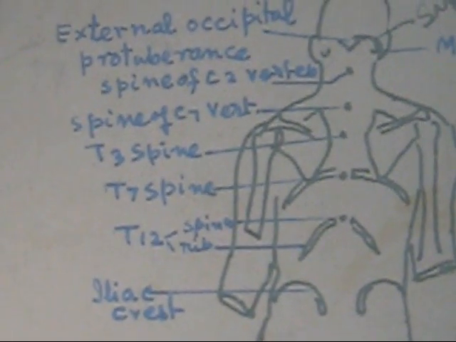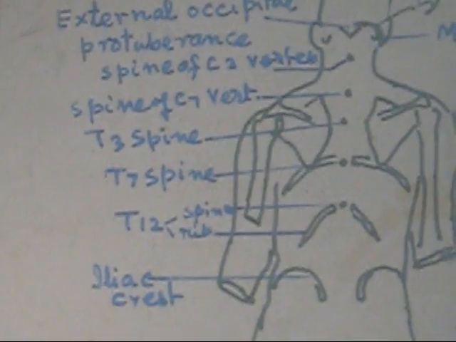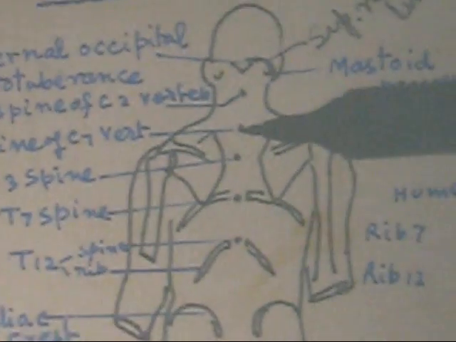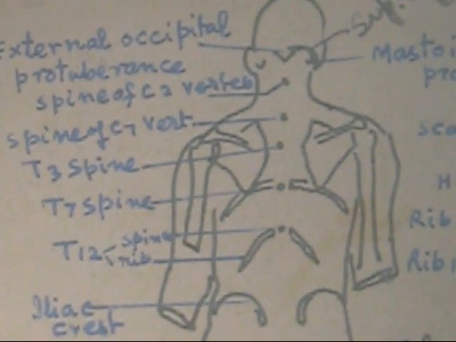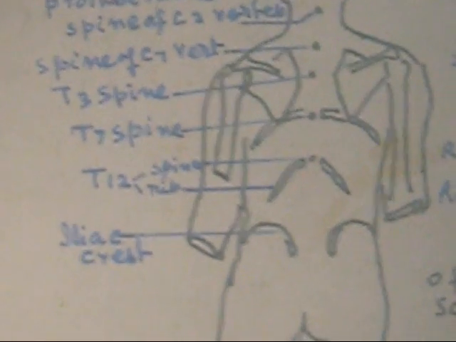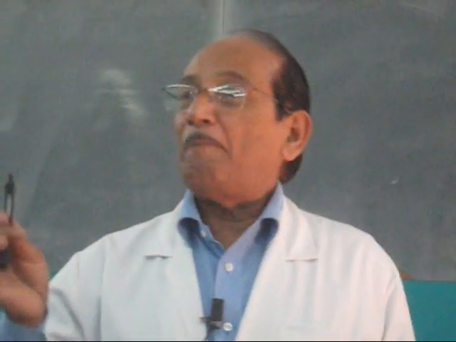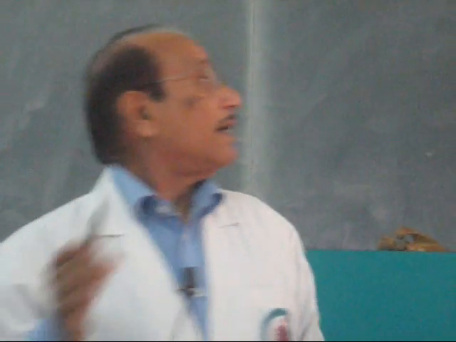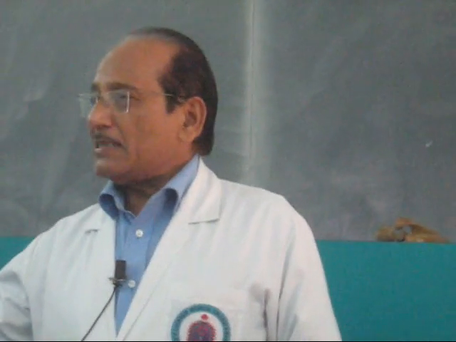They are there, but they are less prominent, also because of another reason that I will tell you shortly. But the spine of the seventh cervical vertebra is very prominent, and that is why it has been highlighted. The seventh cervical vertebra is even called the vertebra prominens because of the prominent spine that it has.